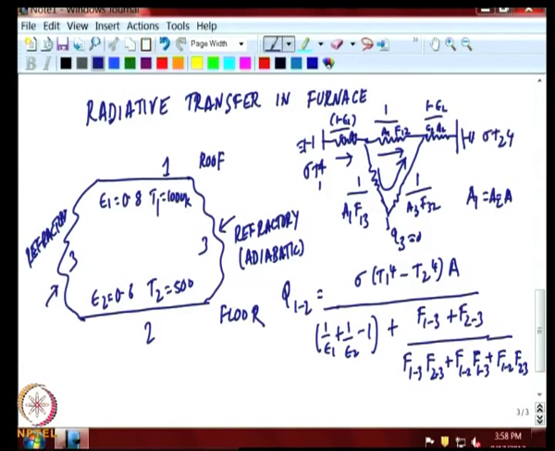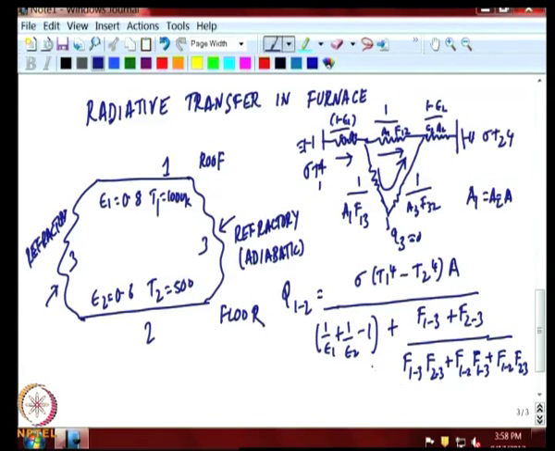Let us take two cases. One is where F13 and F32 are quite small, then the resistance is very large, most of the flow occurring directly to this. The other extreme case is where F12 is large. So, this is the open circuit and the flow essentially goes through that.